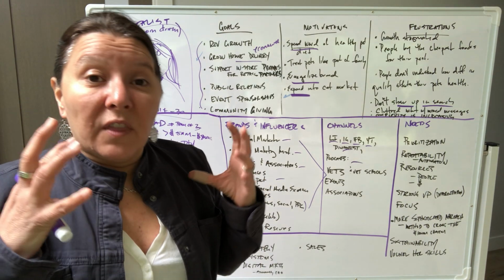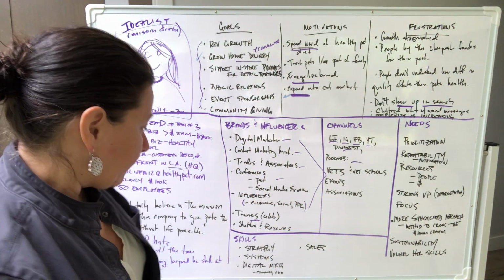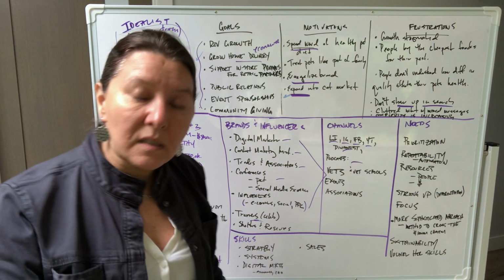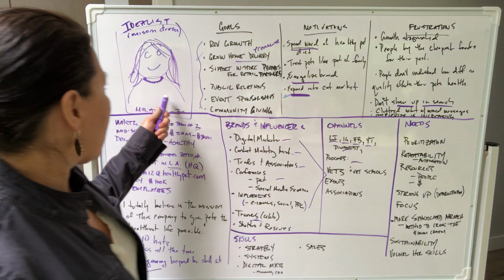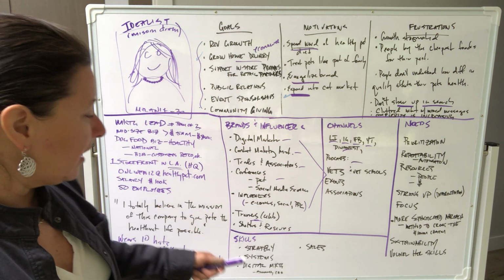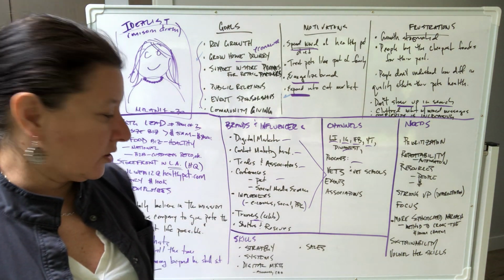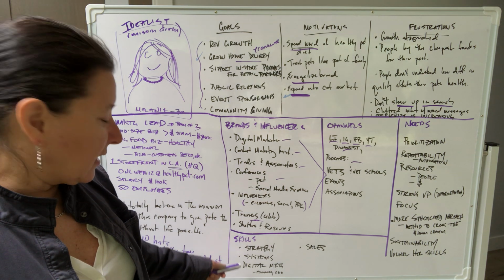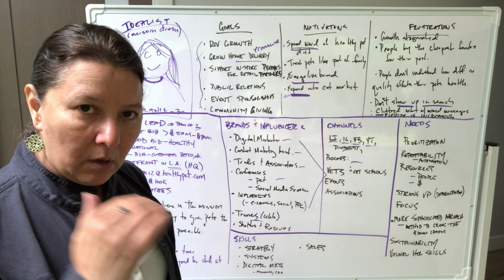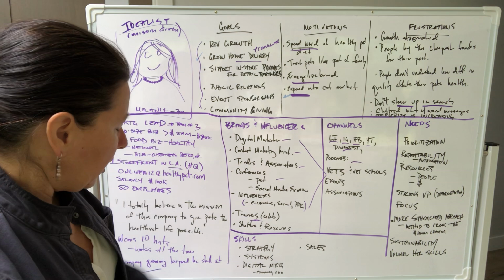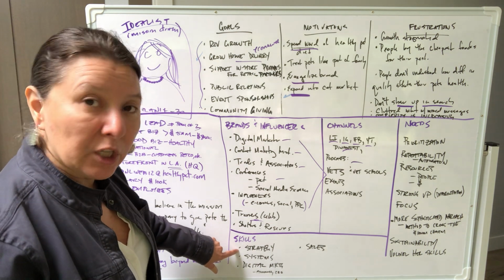So the last thing we asked ourselves is, what skills for this type of profile or avatar are most important? What we realized is that for her to do the job she needs to do to move to the next level, she needs to be really good at strategy.